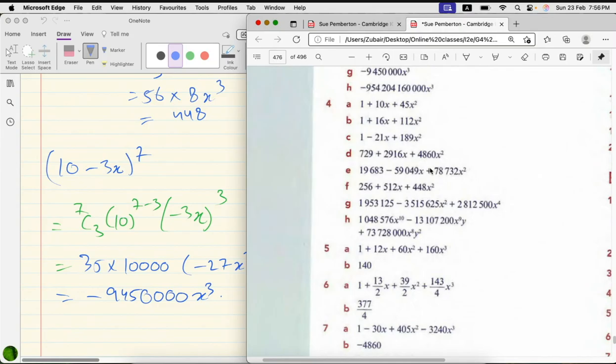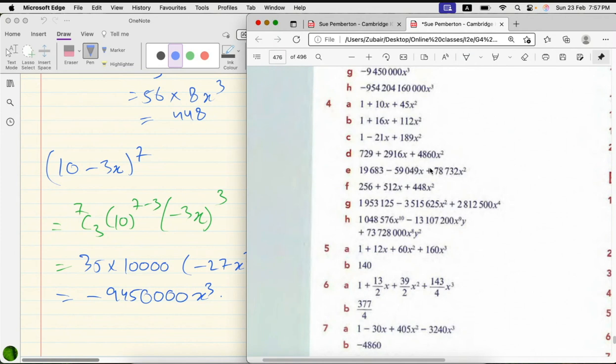This was the H part, right? Yes, the H part. Question 4, or is it the H part on the bottom or the H part on the top?